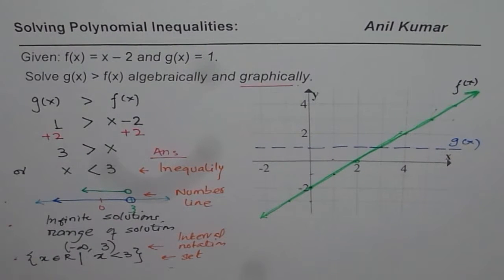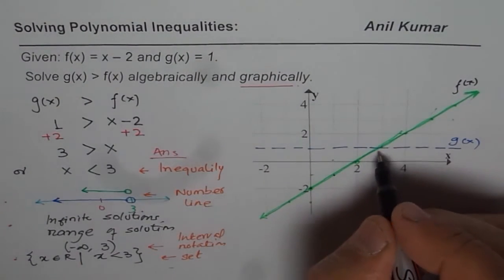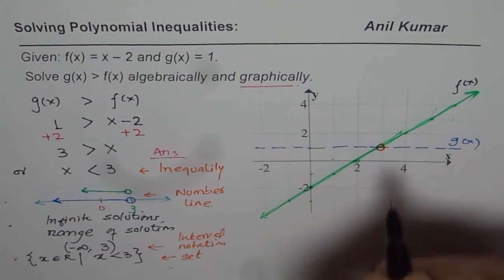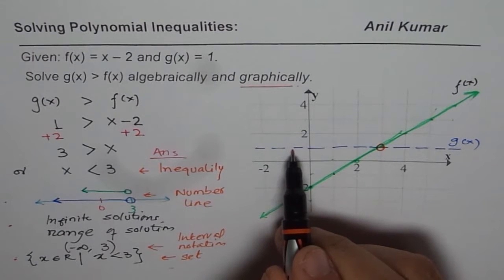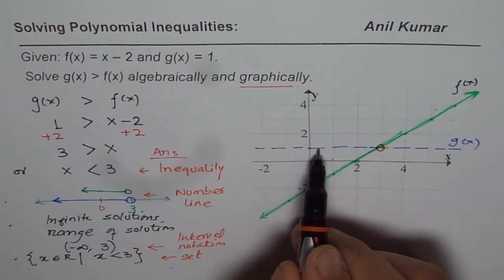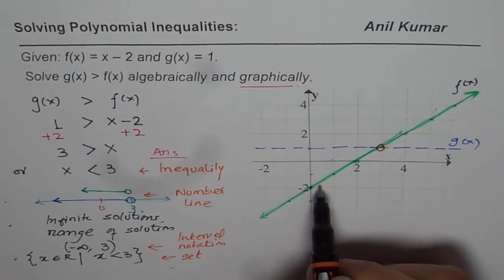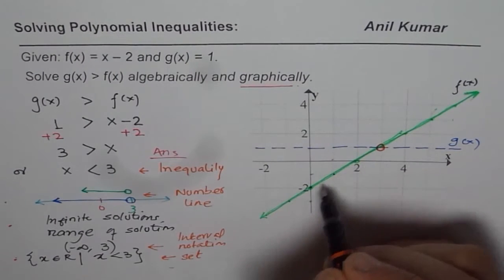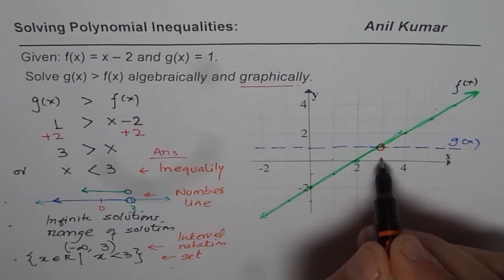What do we need? We need g of x to be greater than f of x. Now if you compare, this is the point of intersection where both are the same. On the left side, this g of x function has a higher value than f of x. Correct? So that becomes part of our solution. g of x is higher than f of x on the left side of 3.